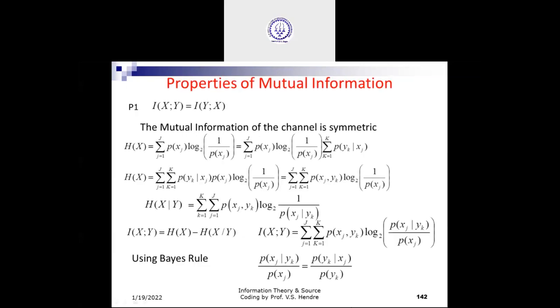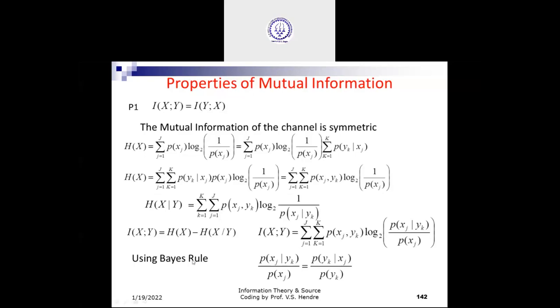There are certain properties of the mutual information. Mutual information of the channel is symmetric, that is I of x semicolon y is exactly equal to I of y semicolon x. Please note down these properties. The proof is very simple.